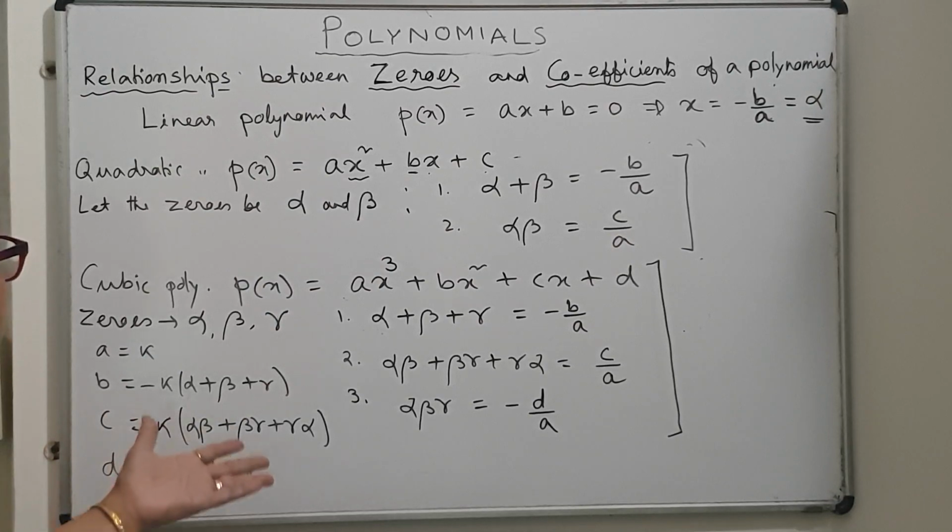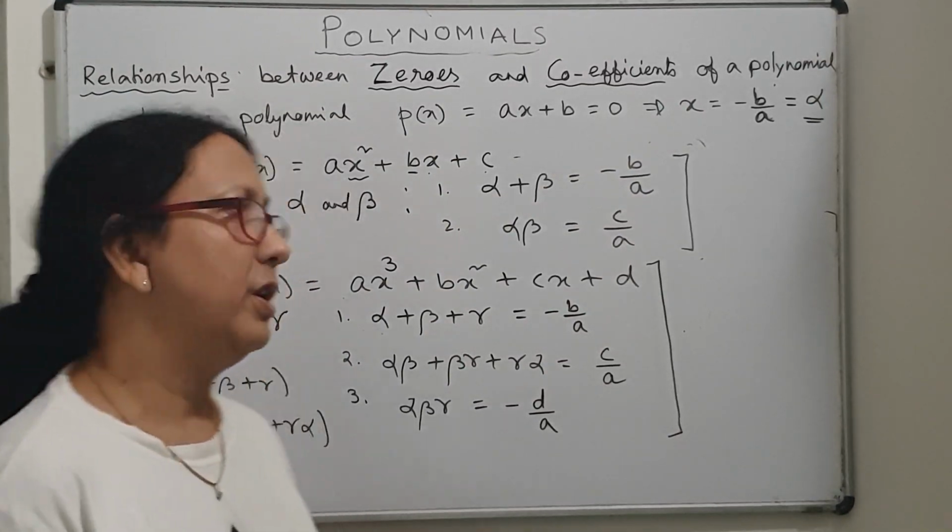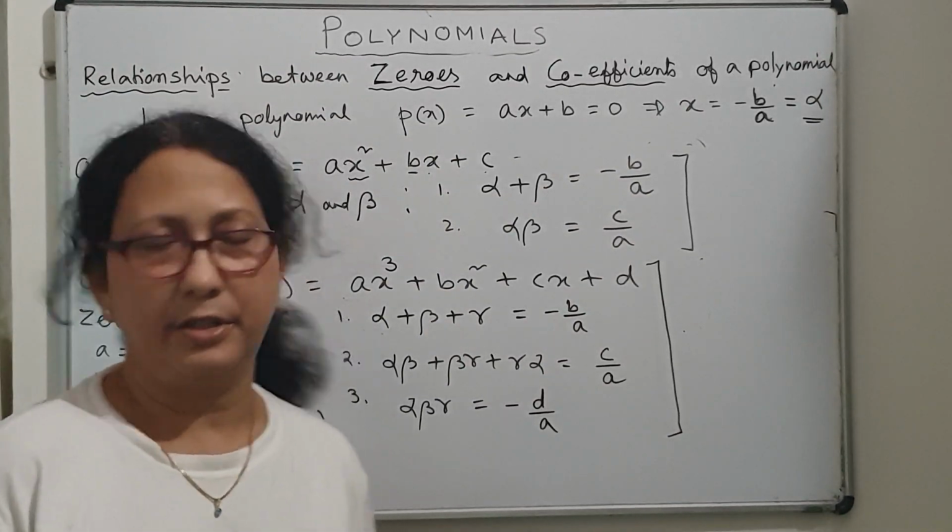So let us find out the relationship of zeros and coefficients for a biquadratic. The degree is 4. Without deriving, now I will be able to do it.